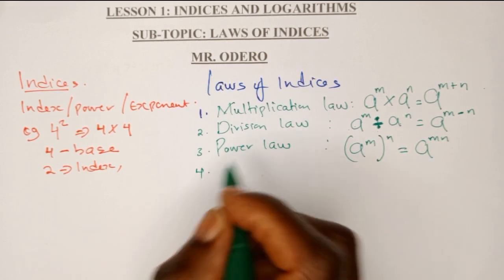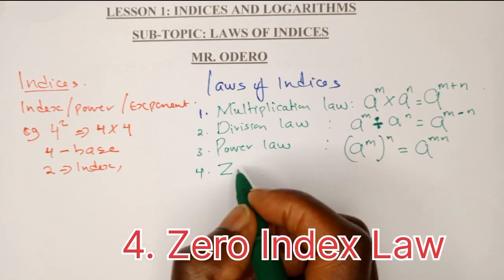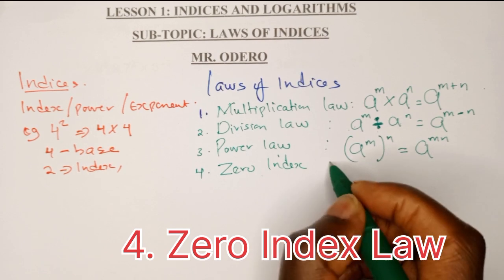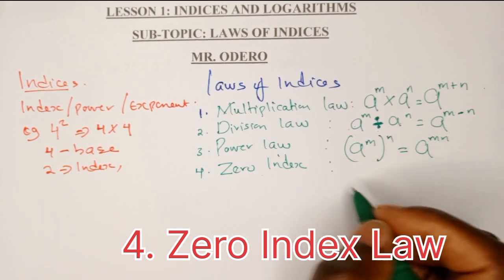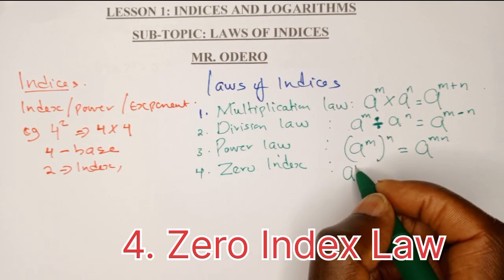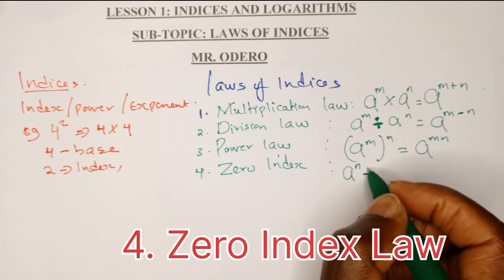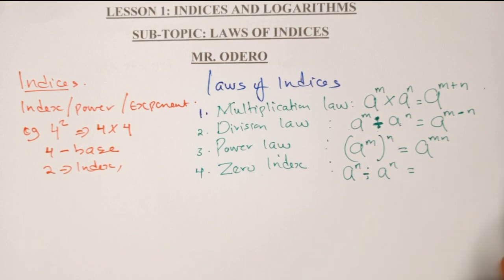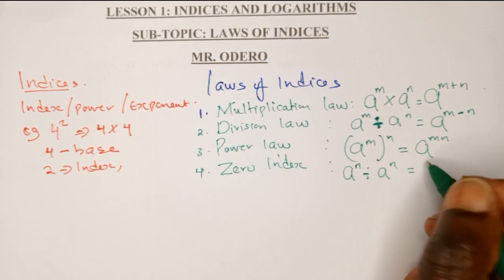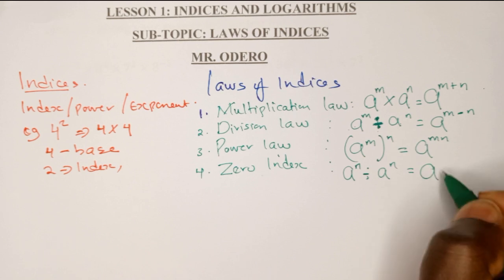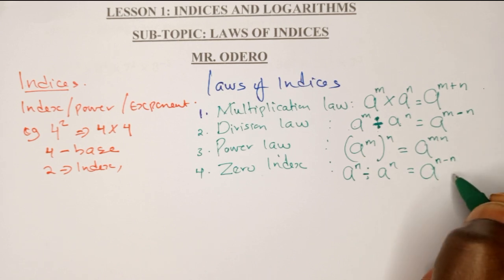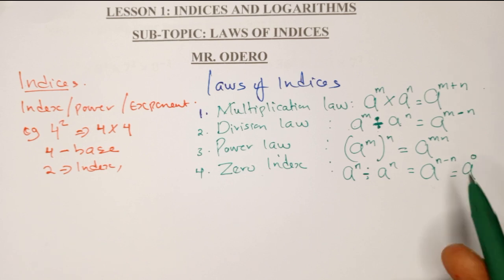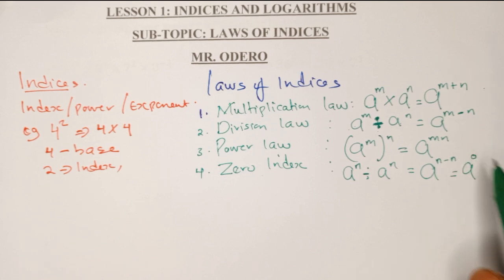The fourth law of indices is called the zero index law. This one says if you have a raised to n divided by a raised to n, according to the second law, this is the same as taking a raised to n minus n, it will give you a raised to 0, because n minus n is 0.